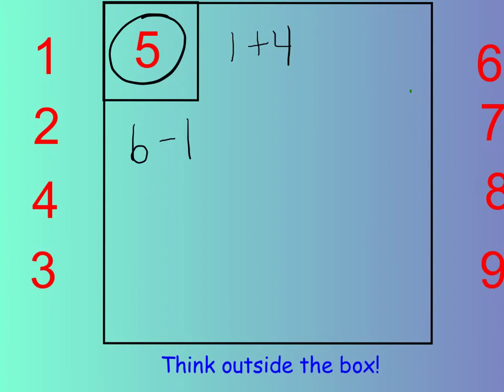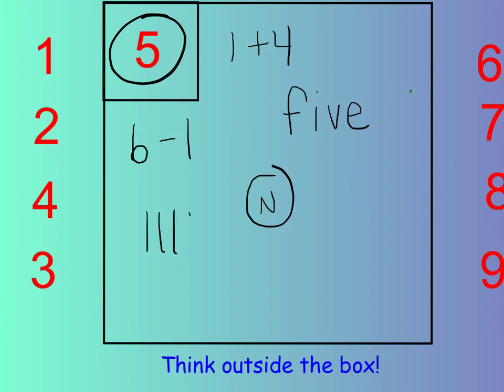We could also use words. The word F-I-V-E spells 5. We could also use money. This is an N with a circle around it that represents a nickel. A nickel is 5 cents, right? We could also use tallies. 5 tallies.